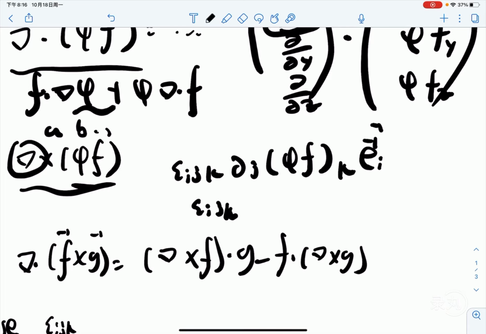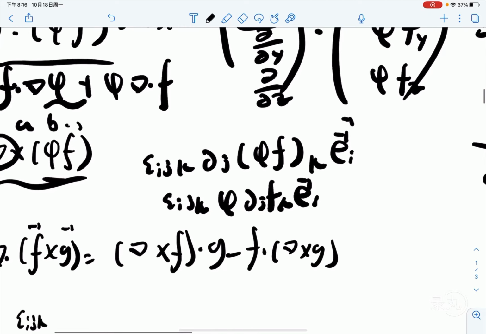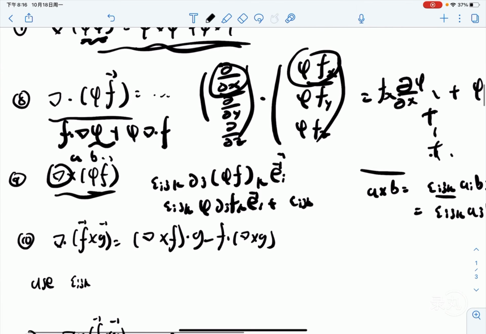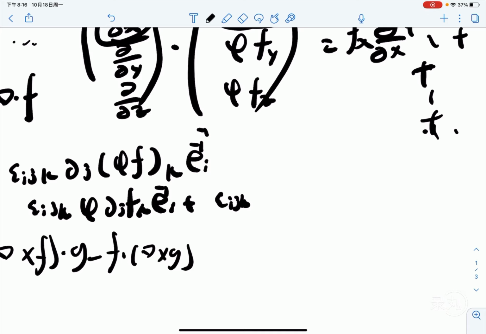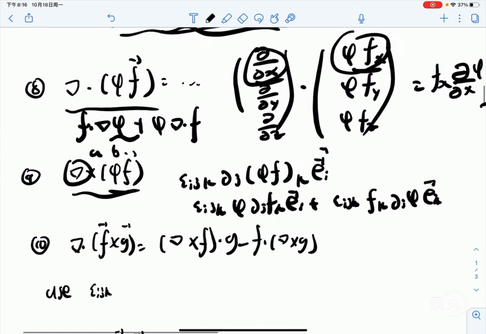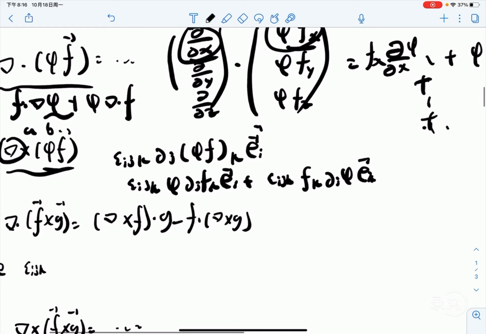By the chain rule, this is equal to ijk, fk, ei, plus ijk, let me delete this stuff, ijk, and this one is phi k, j, phi ei. And we can see that this is equivalent to the form of this.